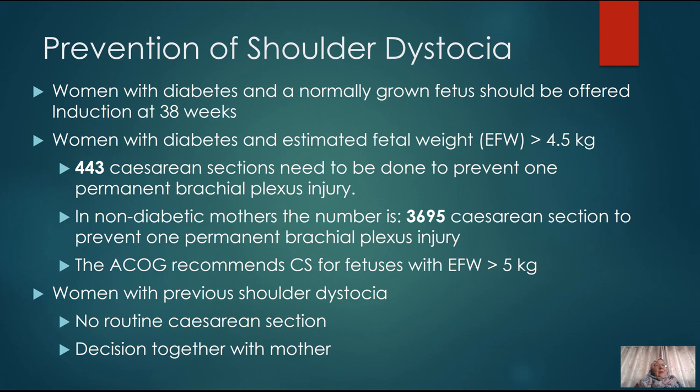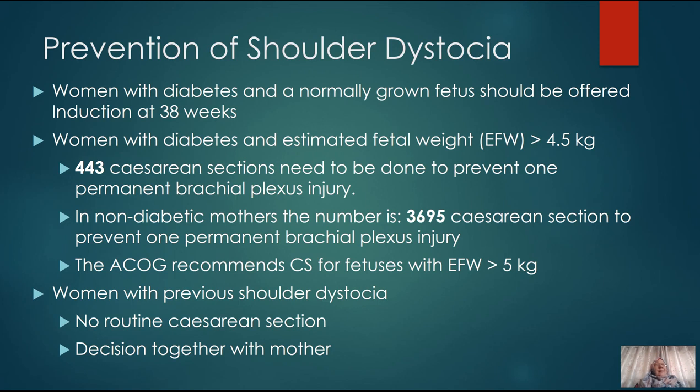And in non-diabetic mothers, you have to do 3,695 cesarean sections to prevent one permanent brachial plexus injury. Therefore, the American College of Obstetrics and Gynecology recommends cesarean section in non-diabetic mothers with an estimated fetal weight over 5 kilograms.